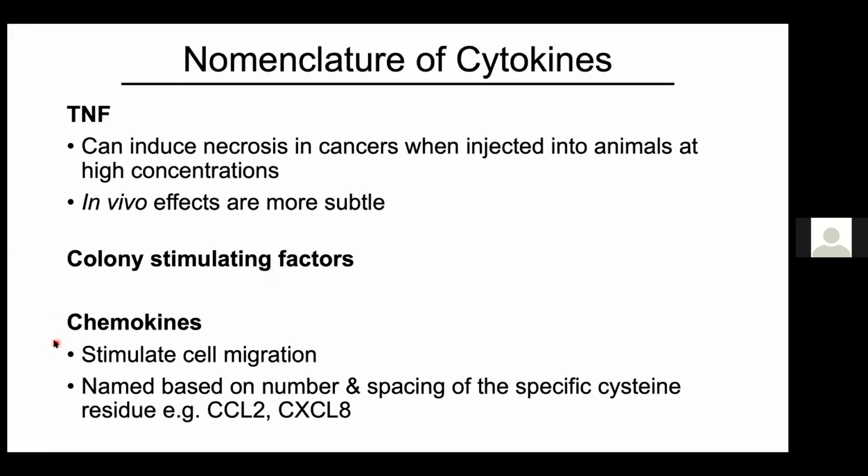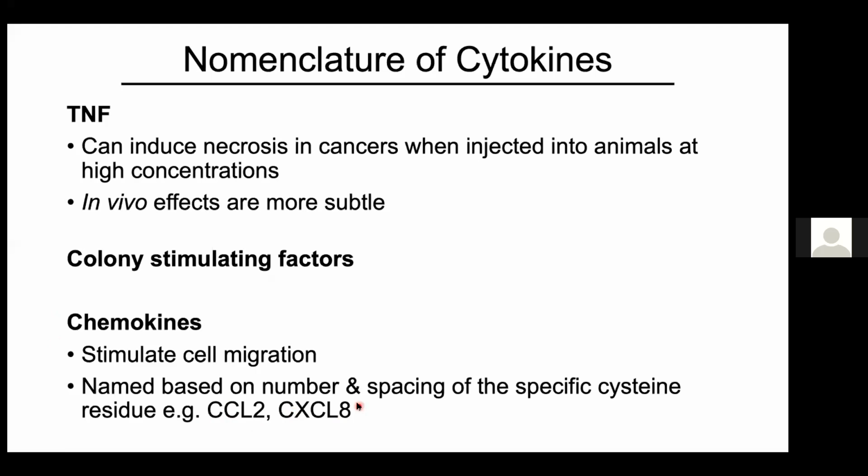The chemokines are named based on a number, as you can see here, and spacing of a specific cysteine residue. So, for example, CCL2, CXCL8, and so forth, okay? And for the receptor, usually there'd be an R just to indicate that it's a chemokine receptor, okay?